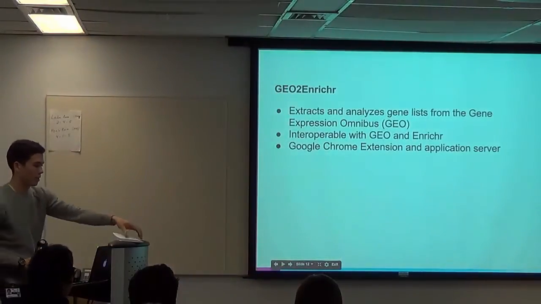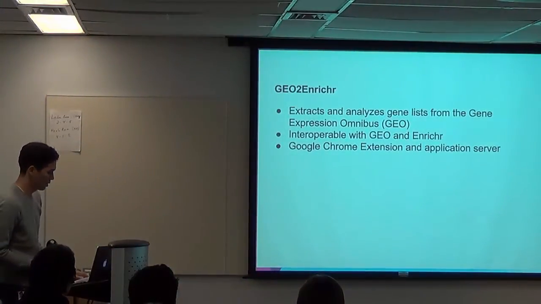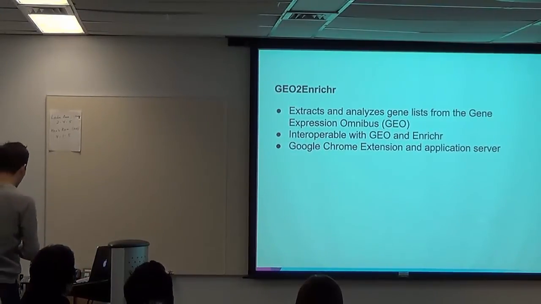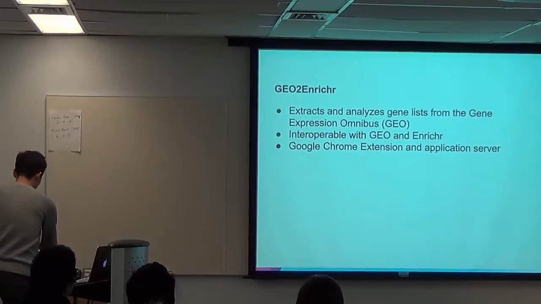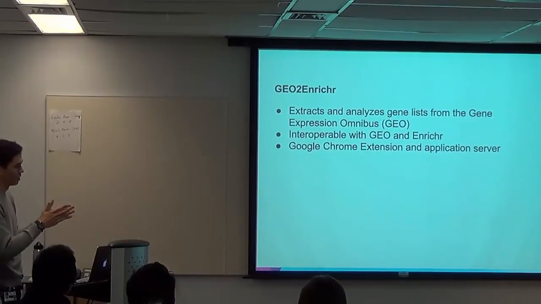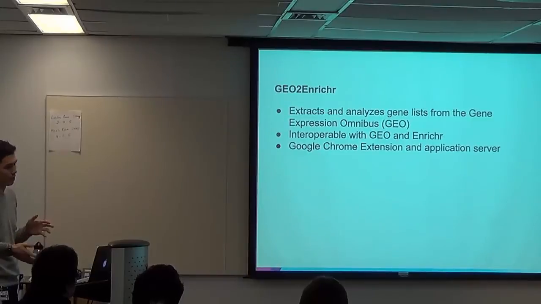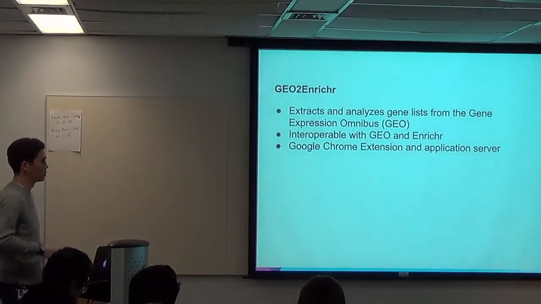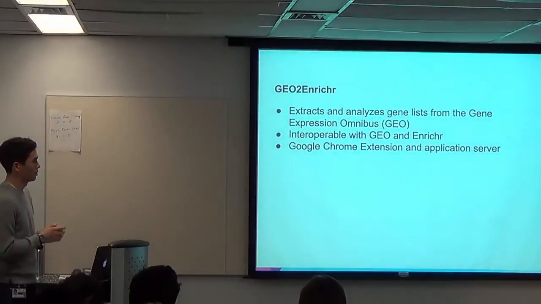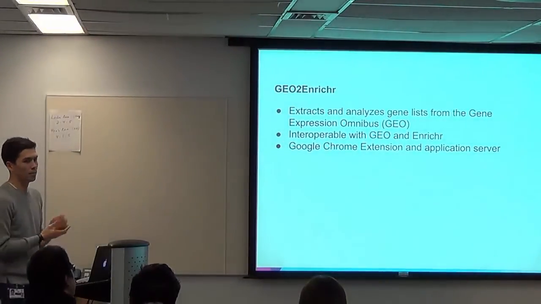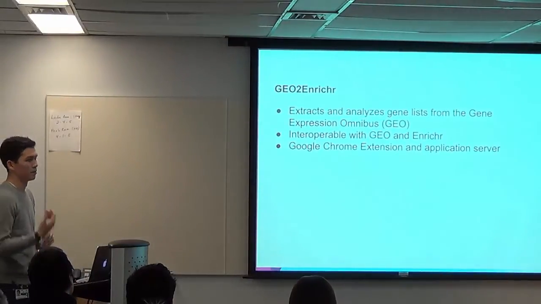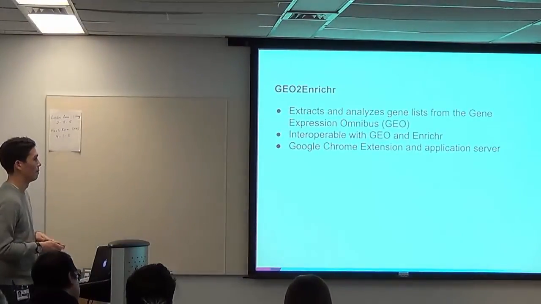All right, so I'm going to talk a little bit about Geo2Enrichr, which, if you remember, takes the expression data from GEO and pipes it into Enrichr. It was designed to be interoperable with both of these tools. GEO is the Gene Expression Omnibus, a repository for a lot of this gene expression data, and Enrichr is what you just saw.